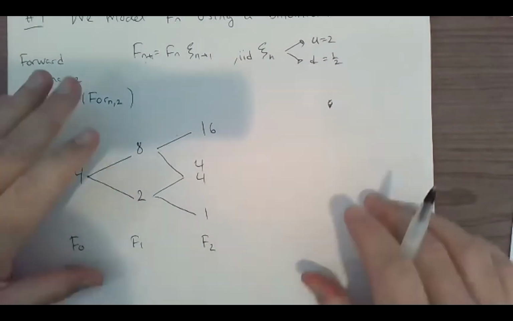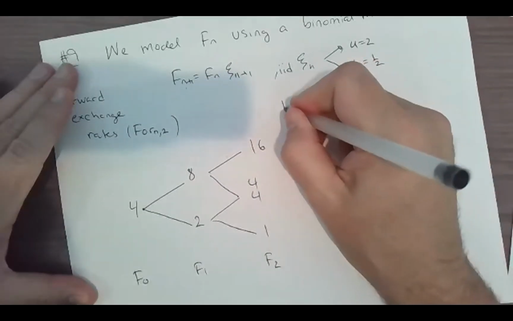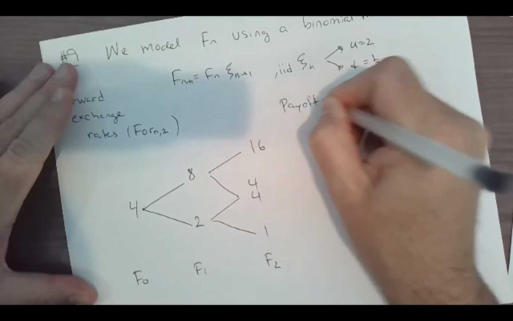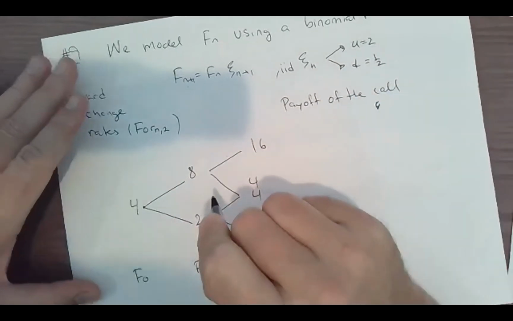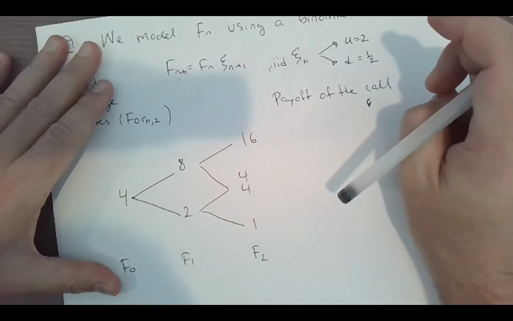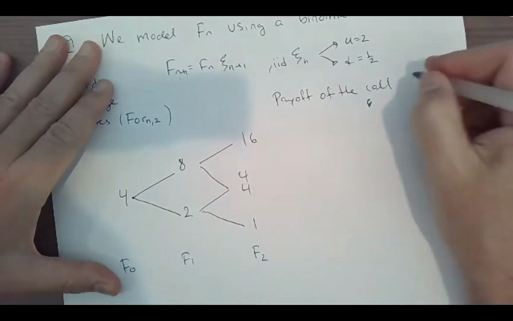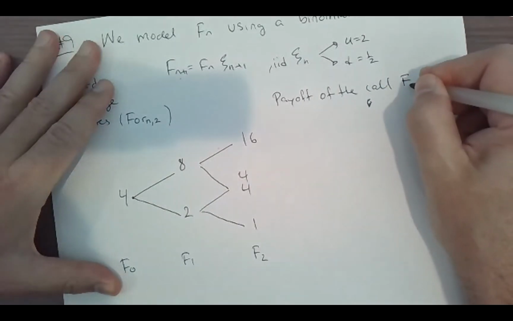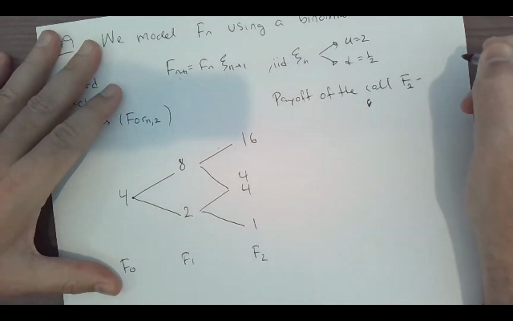And so what we're interested in is the payoff of the call. This was F2 minus, what was the strike?